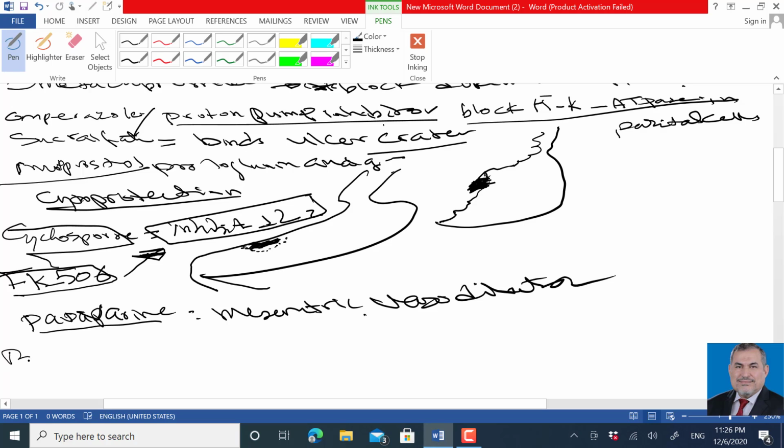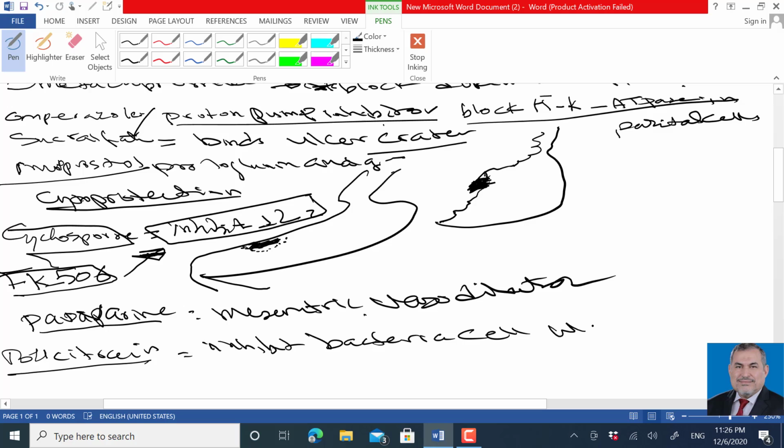Bacitracin inhibits bacterial cell wall synthesis. Used for peritoneal irrigation. Causes severe nephrotoxicity. Actually, it inhibits the bacterial cell wall.